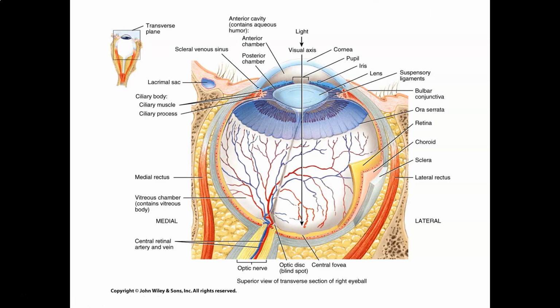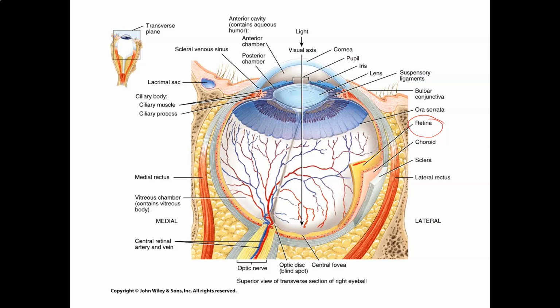We have the eye, which we'll be covering in a later lecture, and in the eye there are many types of tissues. There's smooth muscle tissue, there's nervous tissue, there's connective tissue, and the actual sensory receptors that respond to light are only found in the innermost layer called the retina, this thin yellow layer on the inside of the eye.